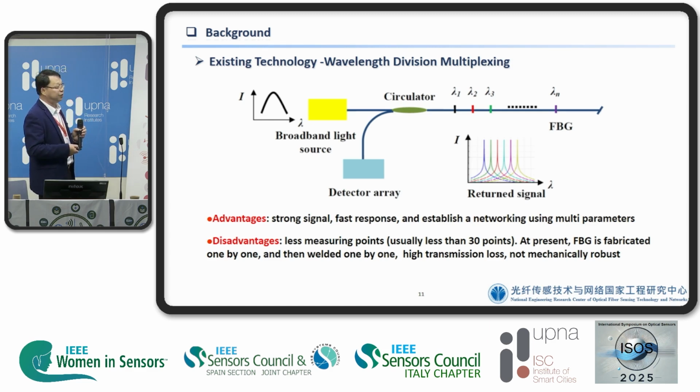But the problem is that, due to the limited bandwidth, you cannot have too many points. Typically you have to write the FBGs one by one, and then you have to connect all the FBGs by splicing and so on. Then it is not mechanically robust.